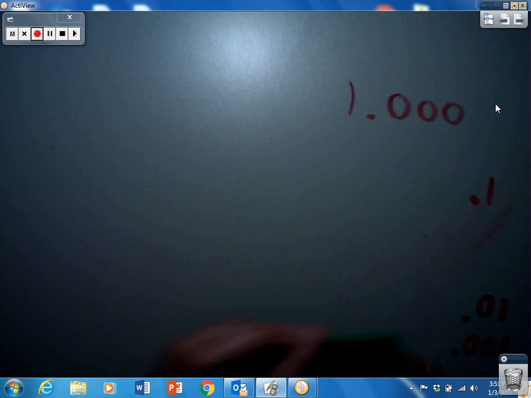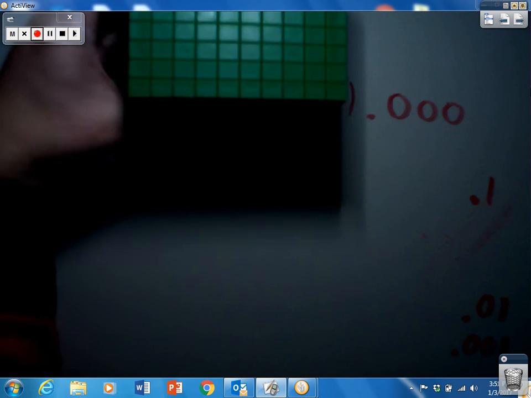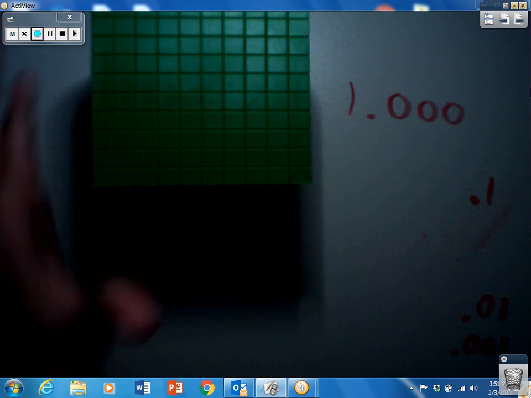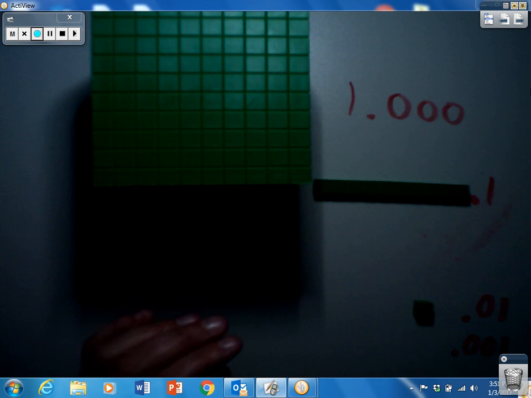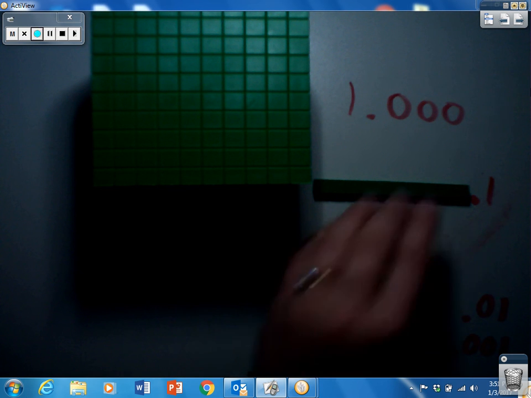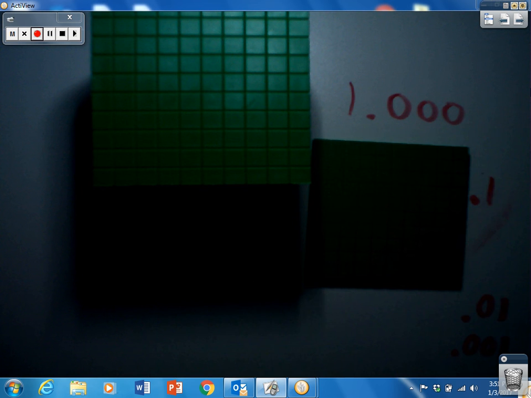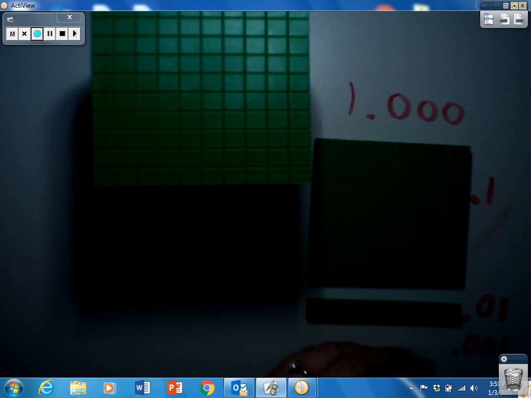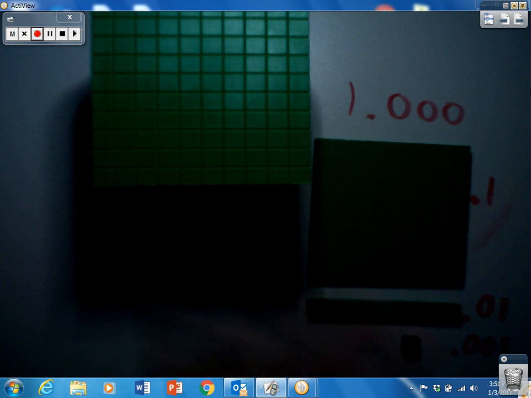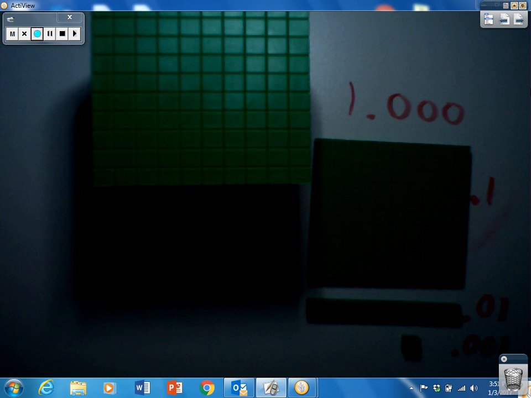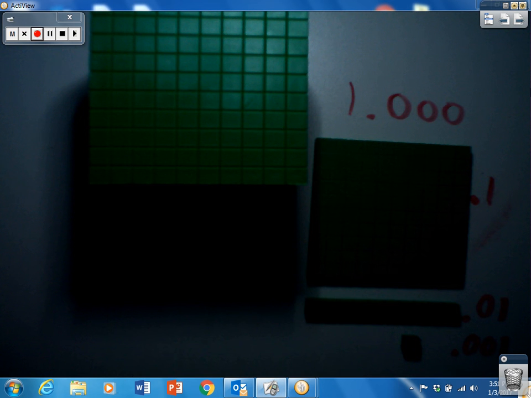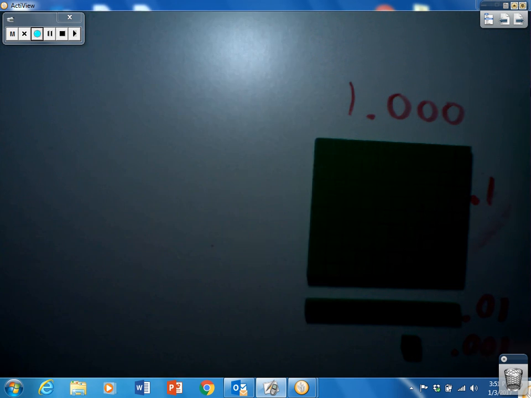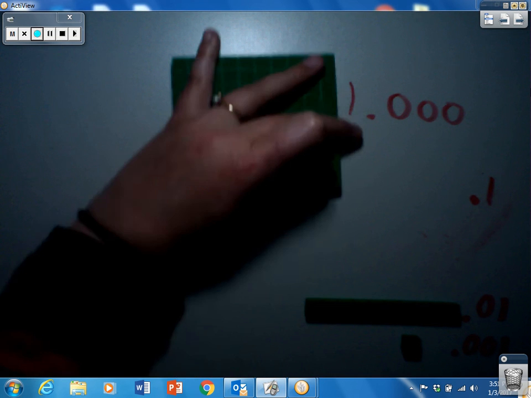Or using the cube as our whole, the flat would be 1/10, this would be 1/100th, and this would be 1/1,000th of our whole thing. So those are two different ways that we can use base 10 blocks to represent our decimal place value when we have two different types of wholes, a cube as the whole thing or a flat as our whole.